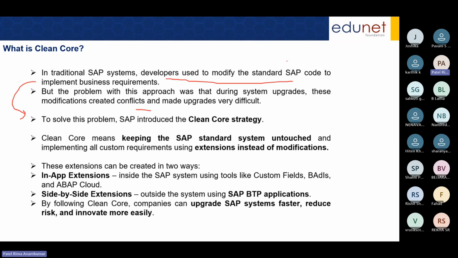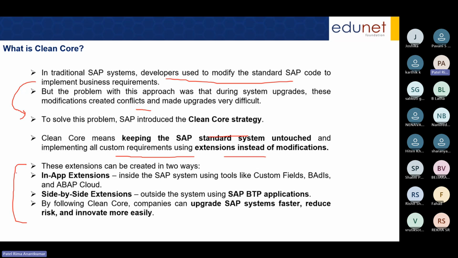Here the main aim is to keep the standard code untouched; we don't want to disturb it. But we still want customization, so custom requirements are fulfilled using extensions instead of modification.